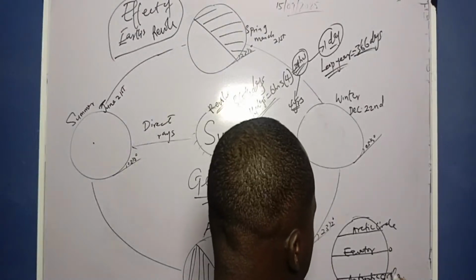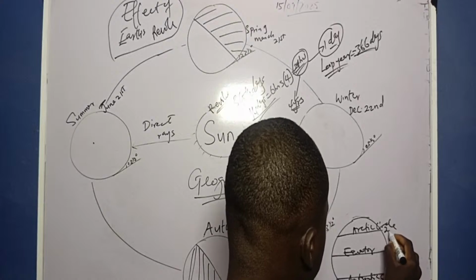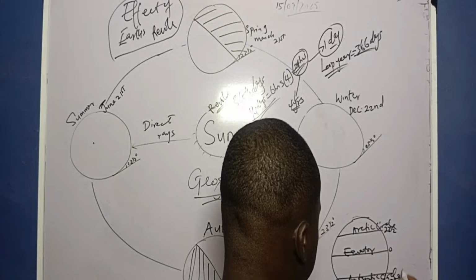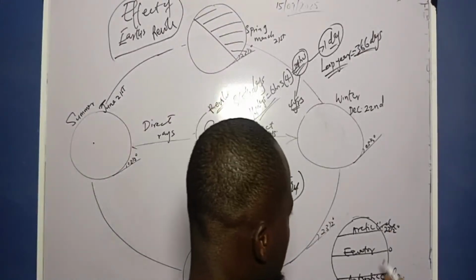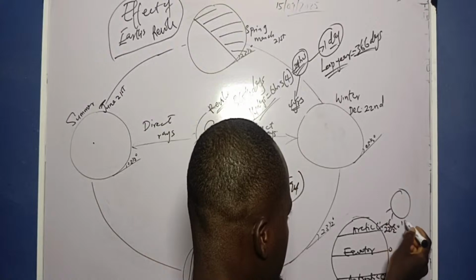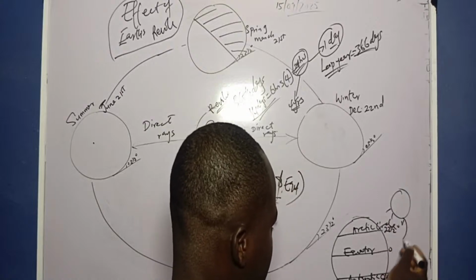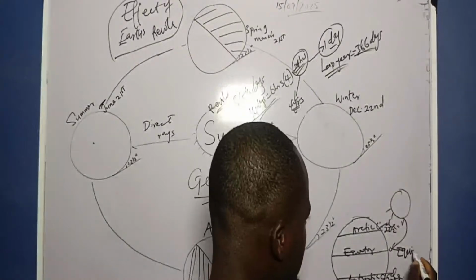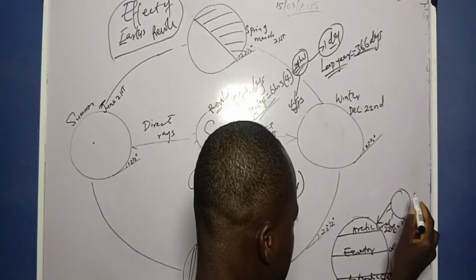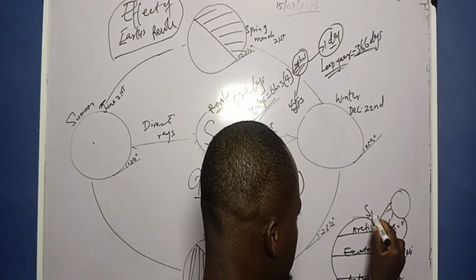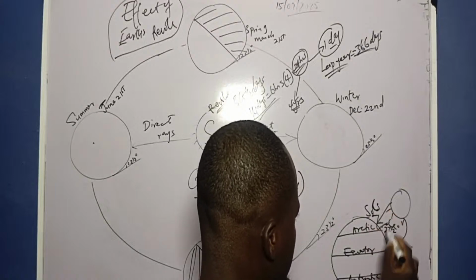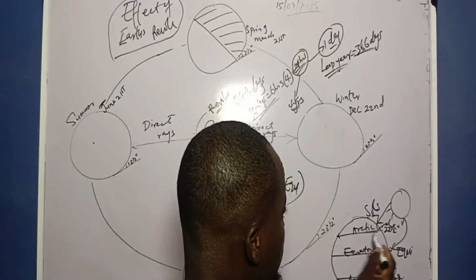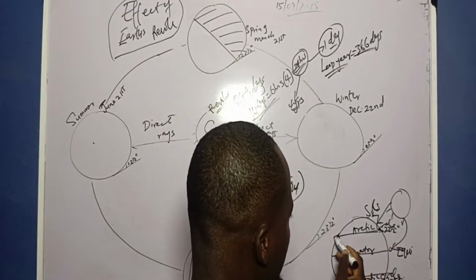So here is 0 degrees, here is 23 and a half degrees. So when the sun is overhead on the equator, this is when we have the equinox. When it is overhead here, this is where you have the solstice.